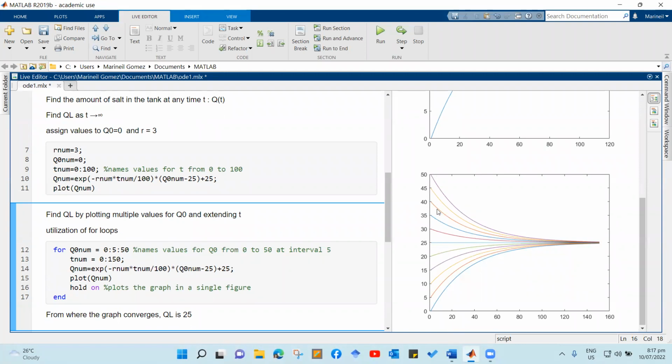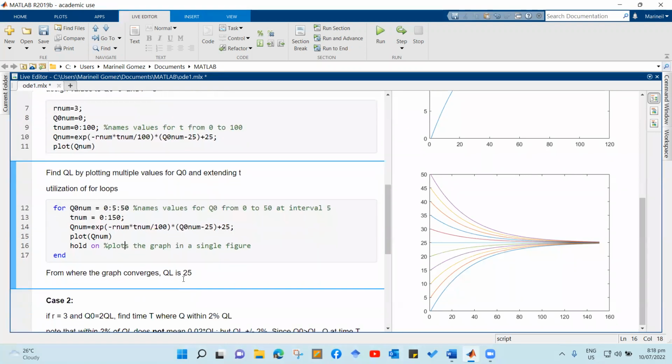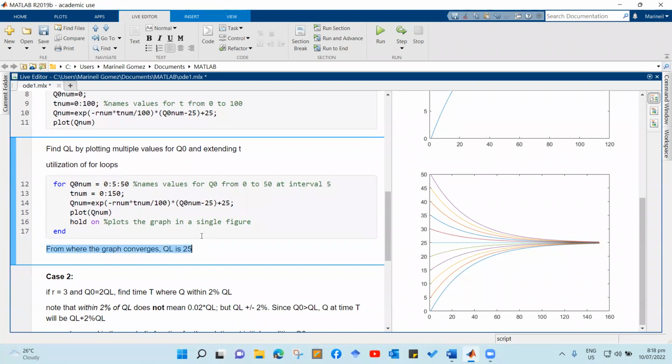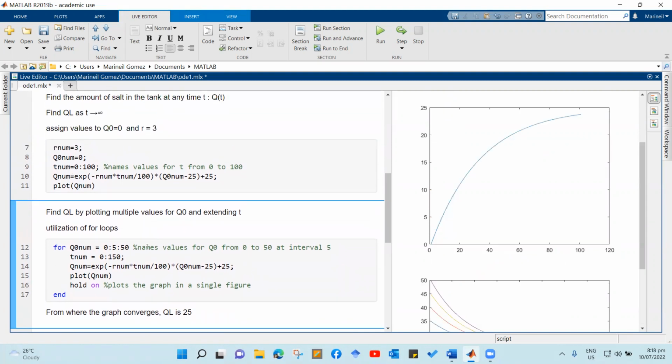And as you can see, no matter the value of our initial salt concentration, it still converges to a certain value, and that is 25. So from where this plot converges, our Q sub L, when t approaches infinity, even if we extend the time, we will get nearer and nearer until we get 25. So this is the answer to case 1.